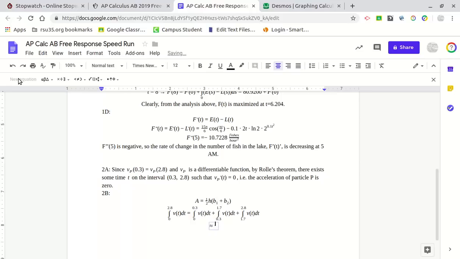So 1/2 times 0.3 times v of 0 plus v of 0.3, plus 1/2 times 1.4 times v of 0.3 plus v of 1.7, plus 1/2 times 1.1 times v of 1.7 plus v of 2.8.